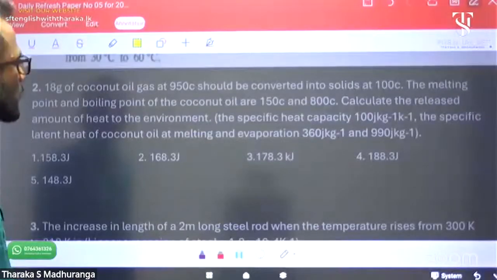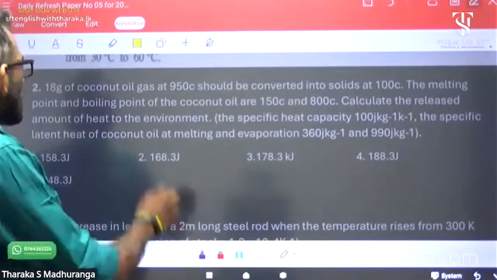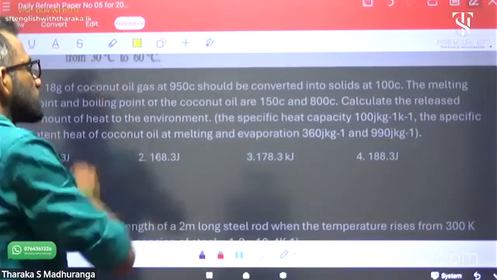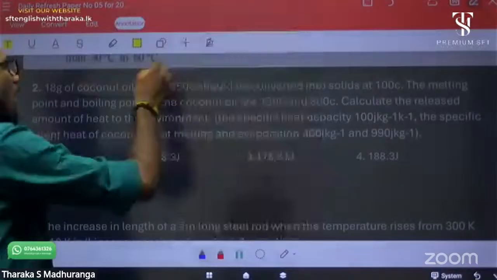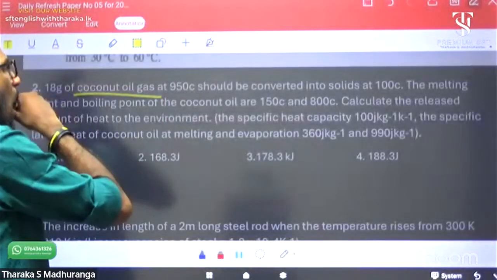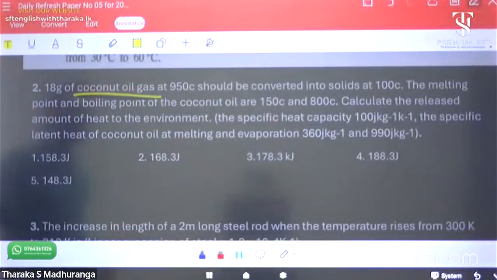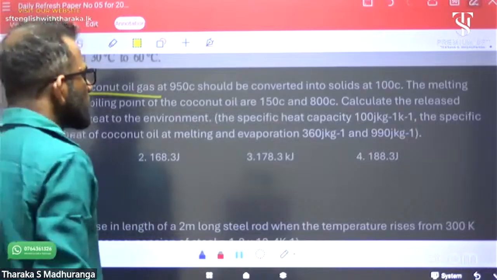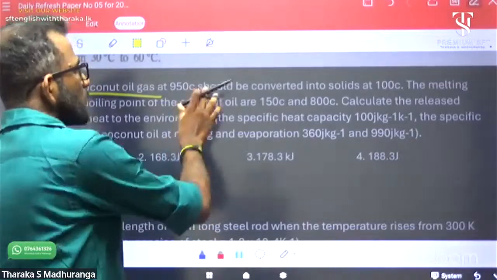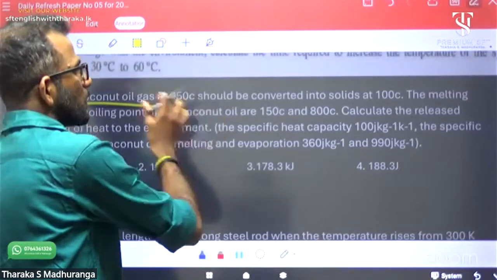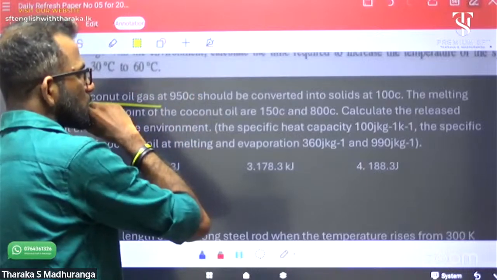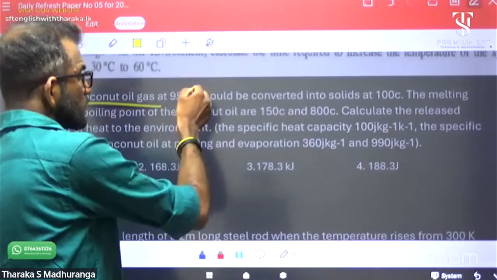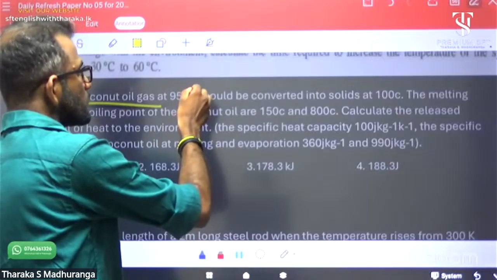18 gram of coconut oil gas at 950 Celsius. Sorry, it is not 950, it is a printing mistake. It should be 95 Celsius.